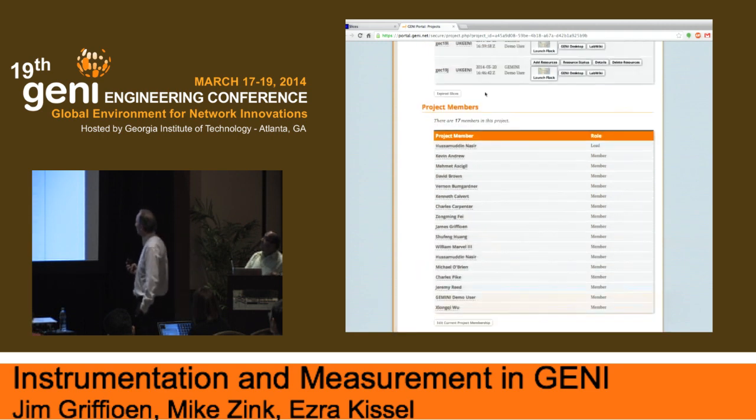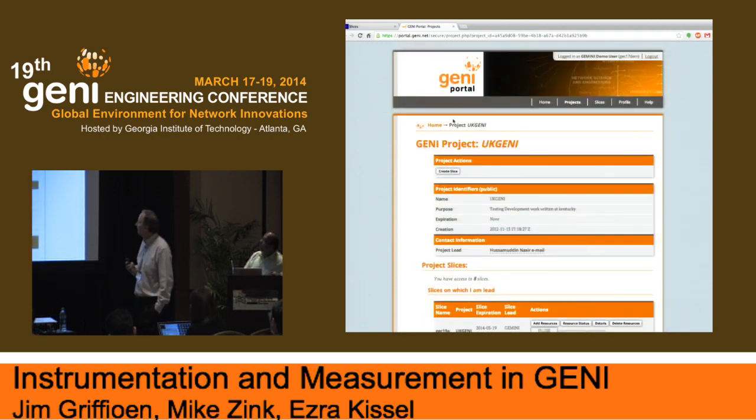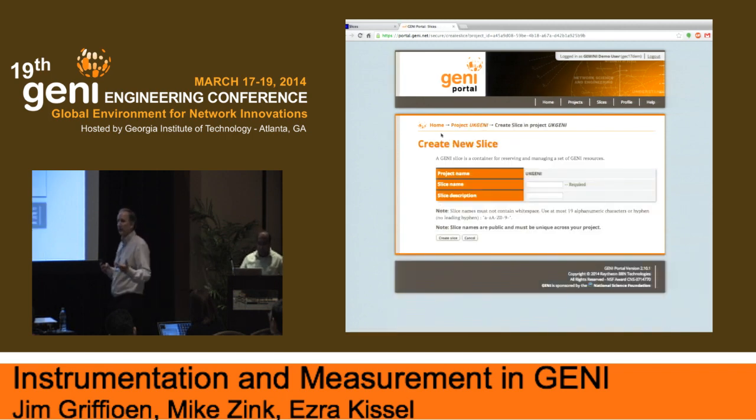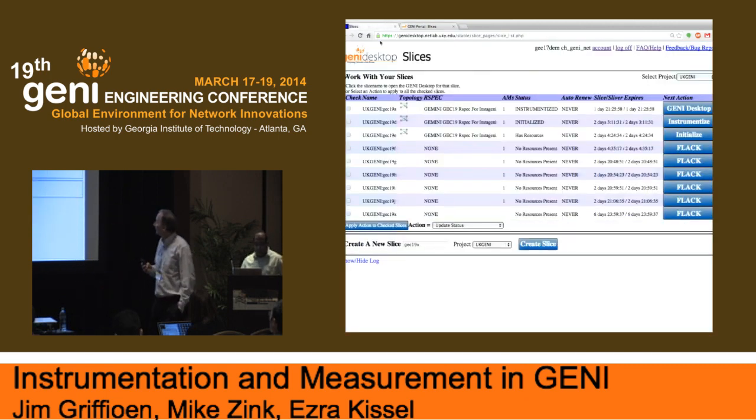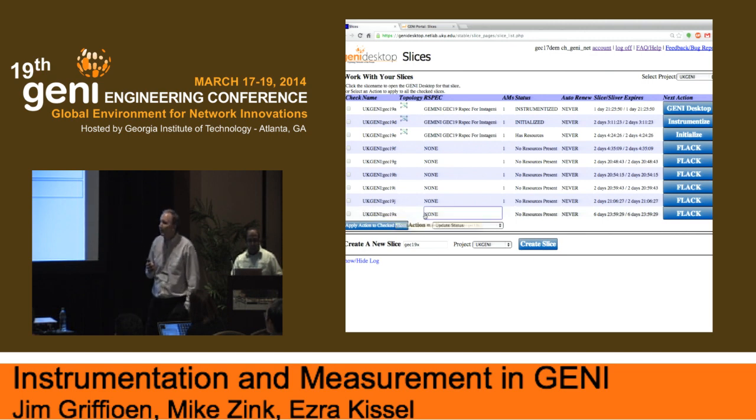So if you go to the Genie Portal, they have options here for you to create new projects as well, and you perhaps saw this same interface. You can say create a slice here, and it would go off and do that. What we just did there was the exact same thing that you would have done with the Genie Portal, so there's a direct mapping there. Also on the Genie Portal, you get a list of all your currently active slices, and we have the same thing here as well.